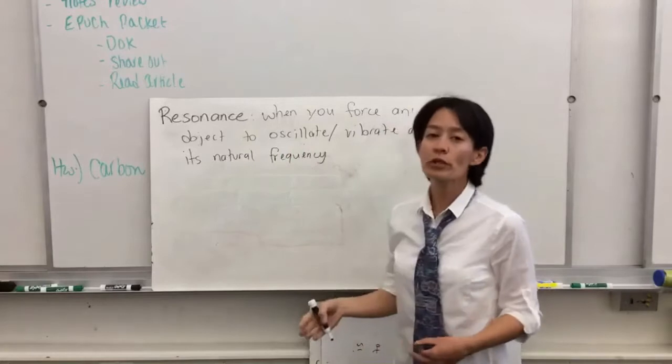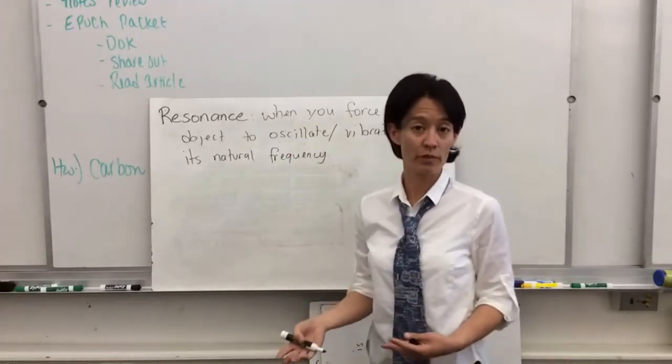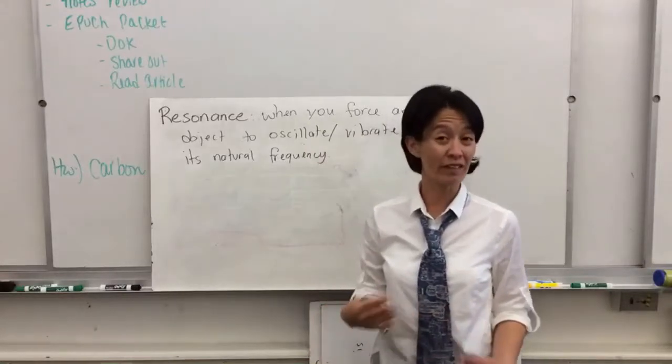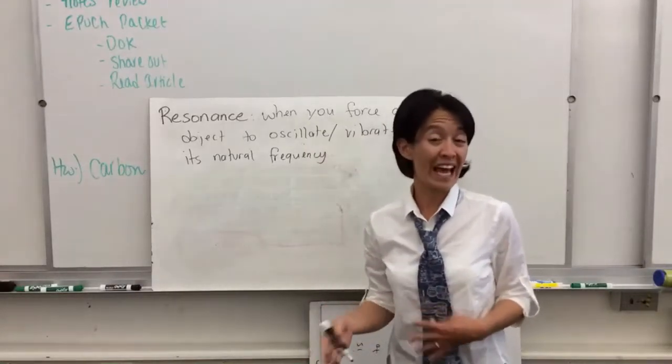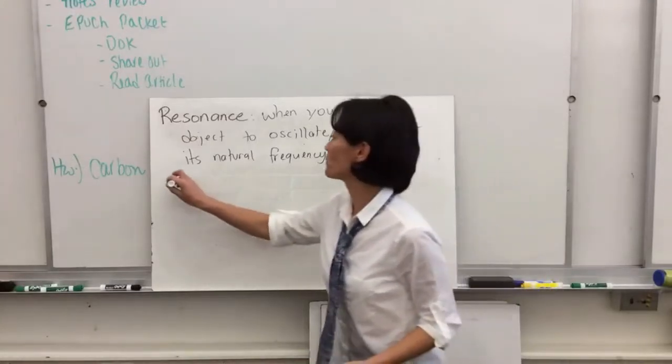Now remember, the natural frequency of an object is the frequency that it's easiest to vibrate at. So if you force an object to vibrate at its natural frequency, it doesn't take a lot of energy to vibrate at that frequency. So any extra energy goes into creating large amplitudes of that vibration.